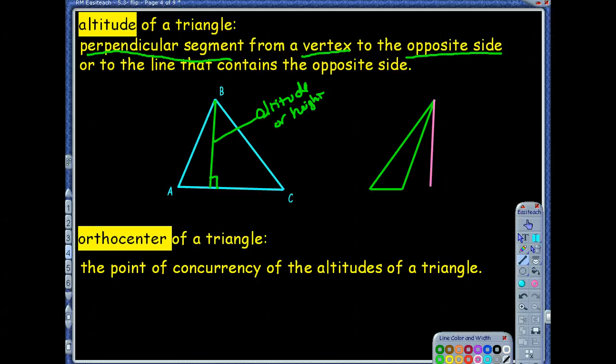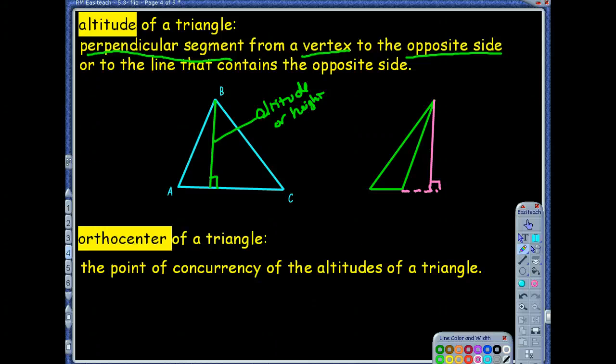It can't actually touch the opposite side of that triangle. Exactly, which we've actually seen before in chapter 1. So it's just a way to say that if you would extend that segment of the triangle, technically anywhere on that line where it drops to be perpendicular to it, that's the altitude or the height.